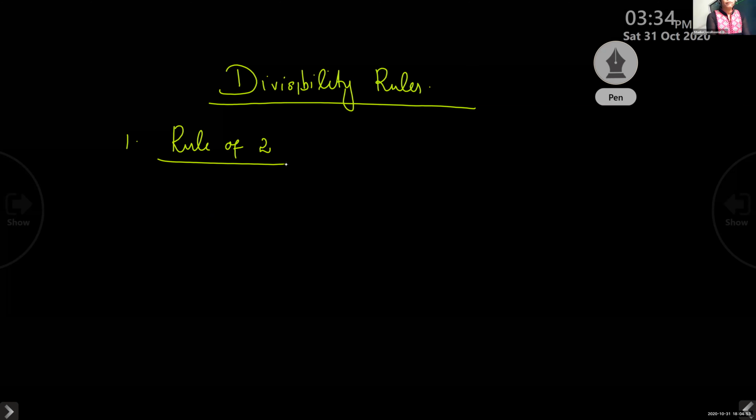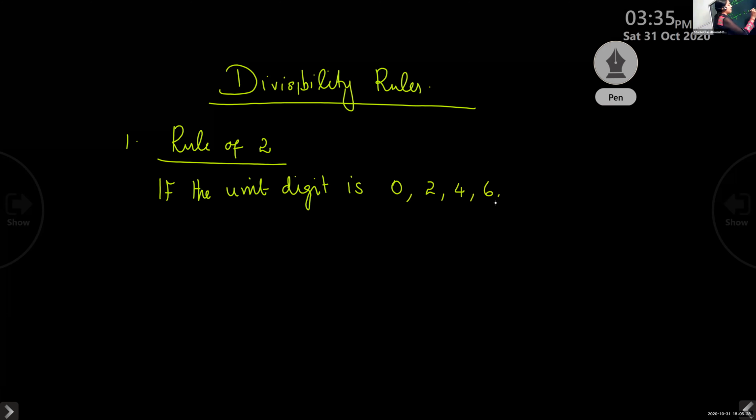See, children, if the last digit is an even number, what are the even numbers? 0, 2, 4, 6, 8 are the even numbers. If the last digit, or the unit digit, we'll use the word unit digit, is 0, 2, 4, 6, 8.